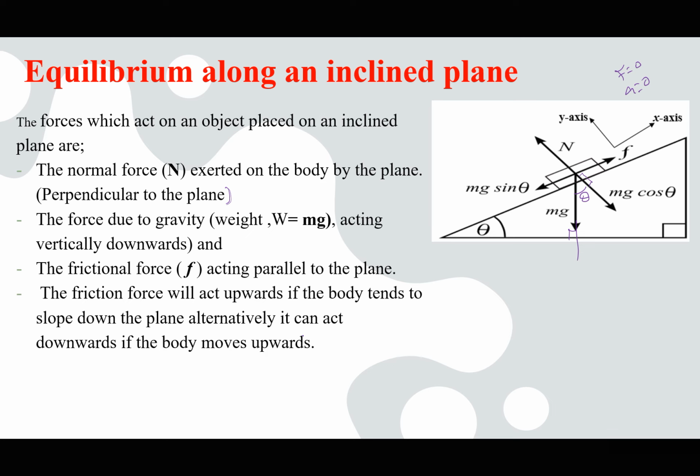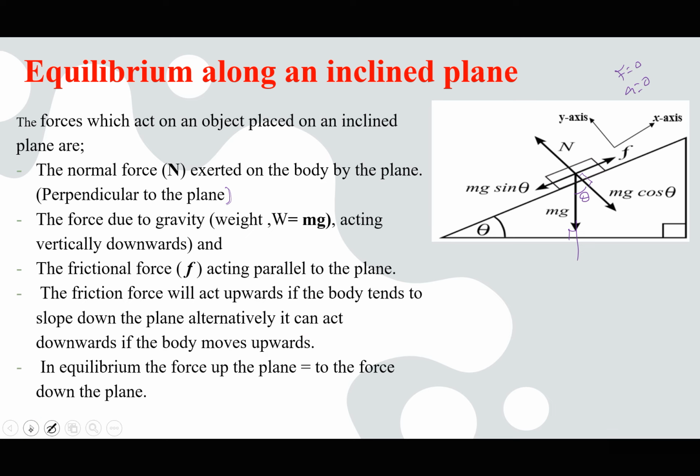Alternatively, it can act downwards if there is a force pulling the body upwards. So the friction force will always act along the plane, either upwards or downwards, because friction always acts in a direction that opposes relative motion.